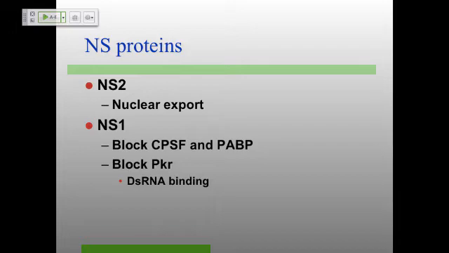So the poly-A binding protein and the cleavage and polyadenylation specificity factor is what you need for normal 3' end formation in cellular messenger RNAs. Why would it be useful to block this for the virus?